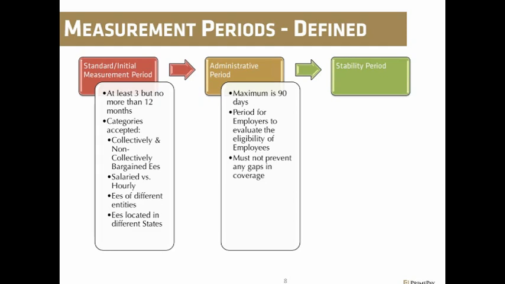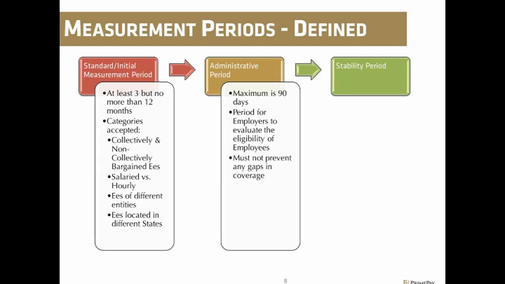And it provides time for the HR department to then determine who are the benefit eligible employees so that they can start getting enrollment kits, and folks can enroll in benefits for the coming new year. The maximum time period for the administrative period is 90 days.